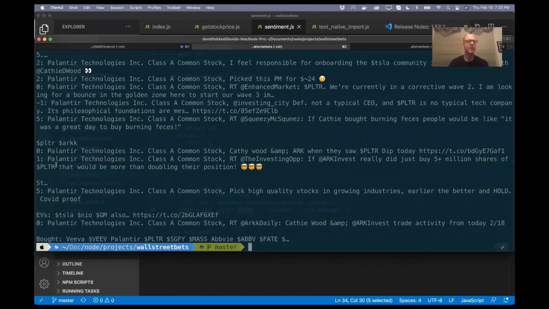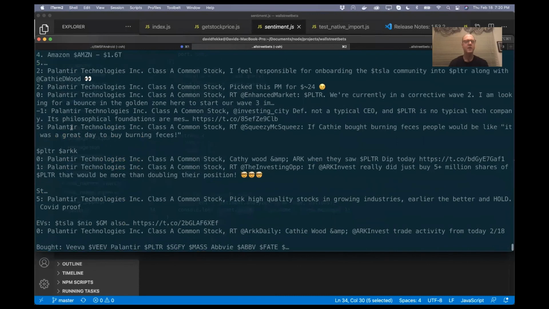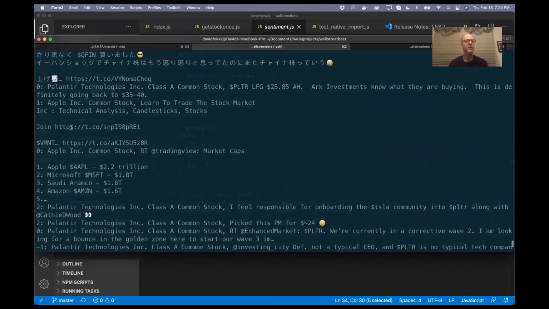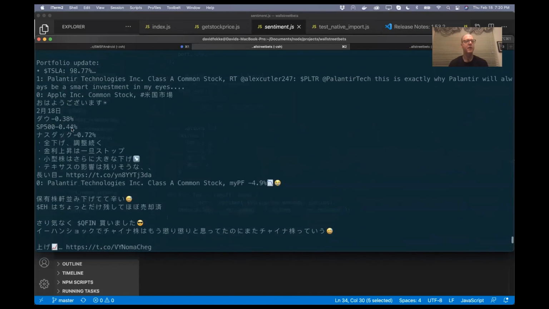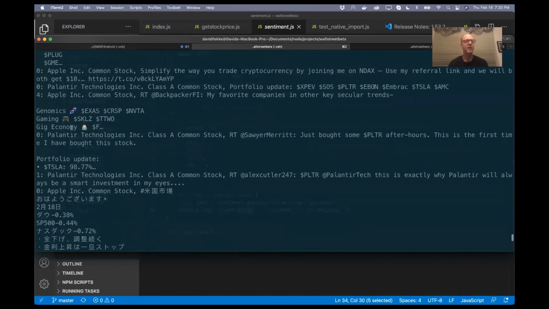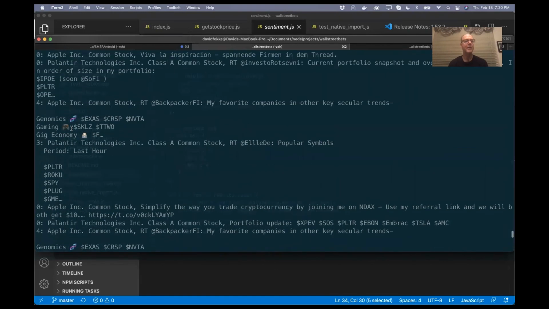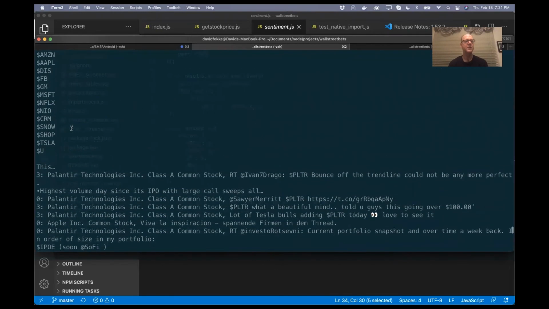And we can see that we're seeing some positive stuff here about Palantir. A lot of neutrals, so there's a lot of zeros in here, but Apple's getting a lot of love.